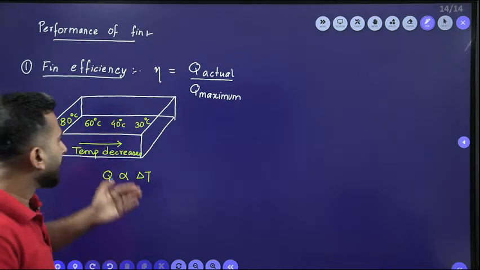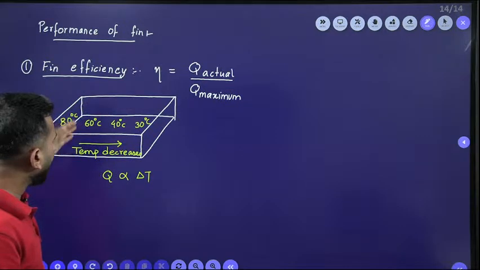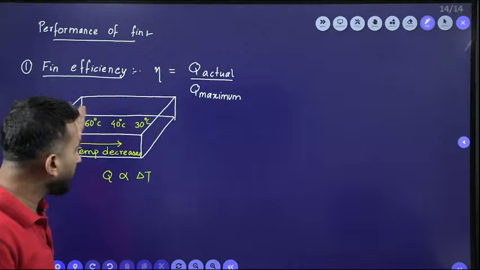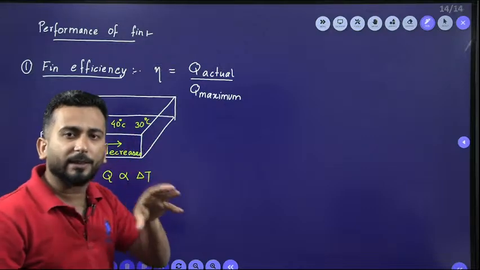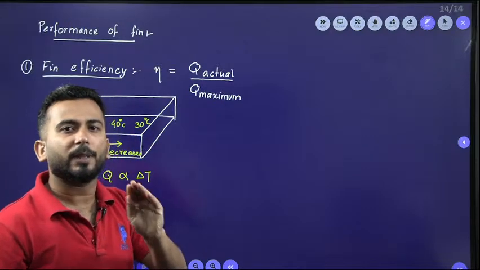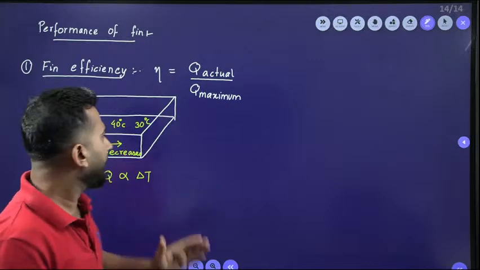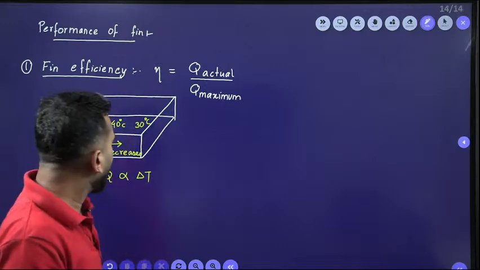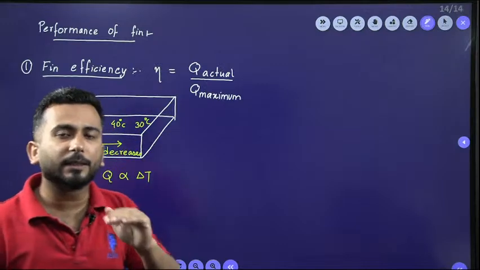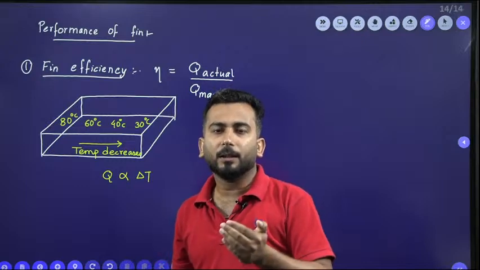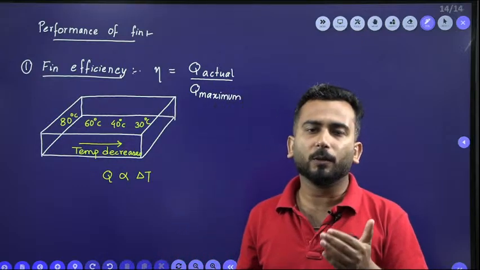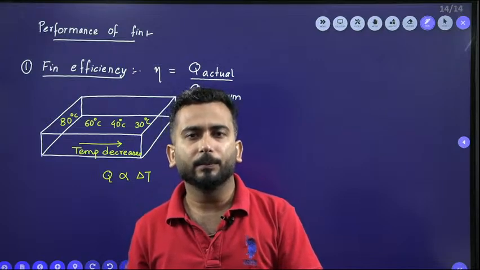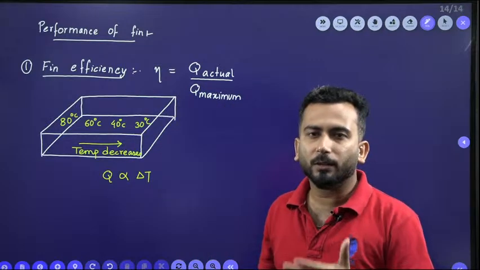That means the Q convection that was taking place at the start of the fin decreases in magnitude, and somehow we feel bad. Why? Because initially more Q was getting dissipated, and when we move along the length, less Q is getting dissipated. Ideally, we want as much Q to be dissipated as possible. More Q dissipation is what we desire.